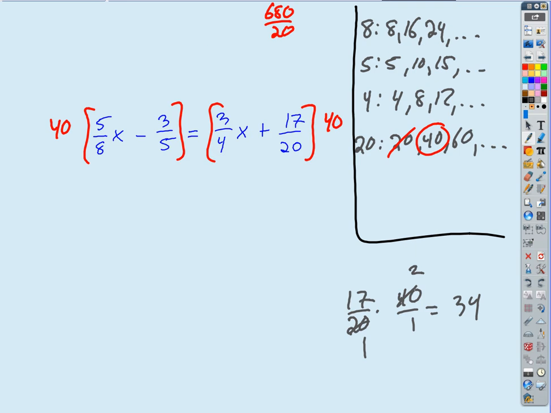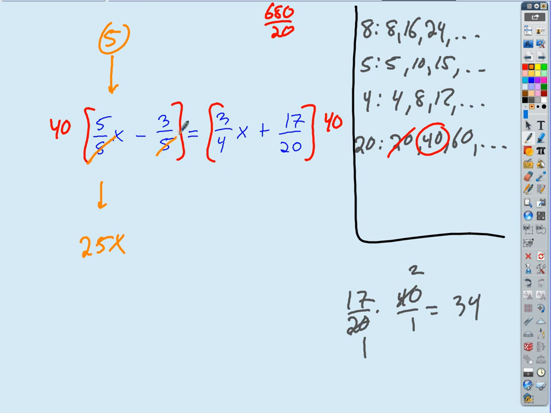So here's a way to represent that. You know that 40 over 8 is going to reduce. What does it reduce to? 5. Yeah, 40 over 8 is 5. So let's cross out the denominator and just multiply 5 by the numerator. What do you get? 25x, right? 40 over 5 is 8.